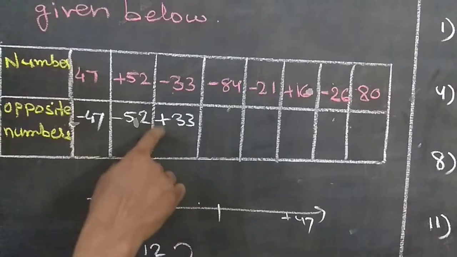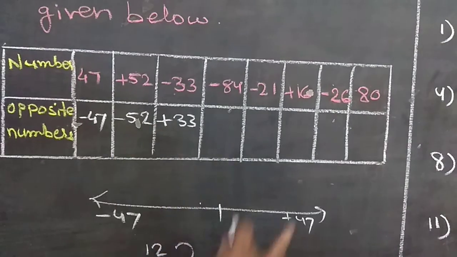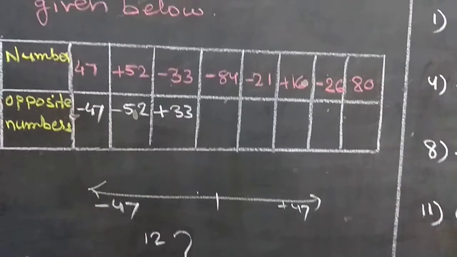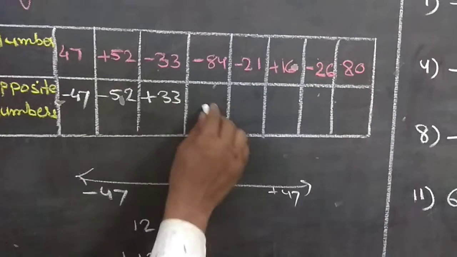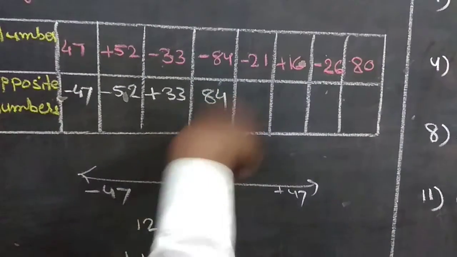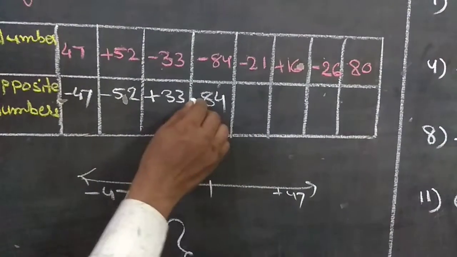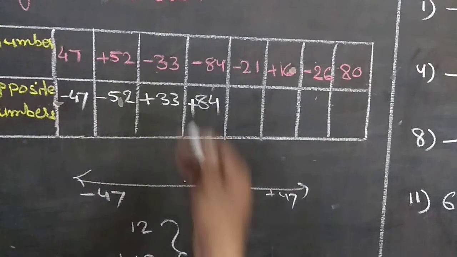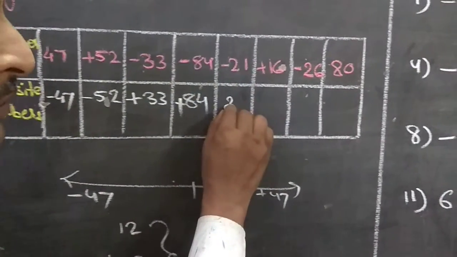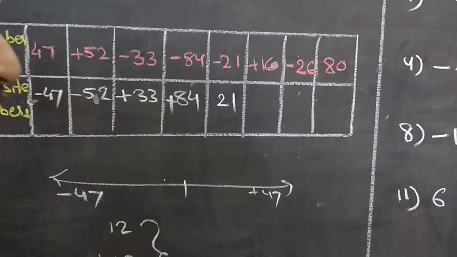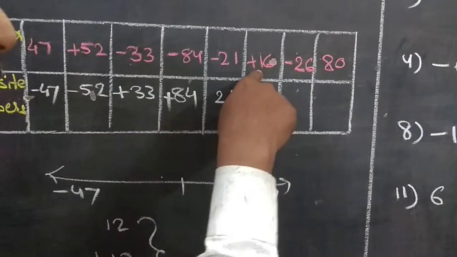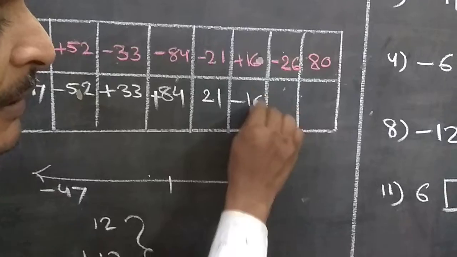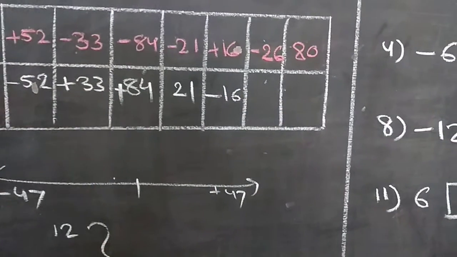If you do not write the plus sign, then it is also okay, as I told you. It is minus 84, so it will be plus 84. Even if you write plus or not, both are acceptable. Minus 21, its opposite number will be plus 21, and here it is plus 16, so its reverse will be minus 16.